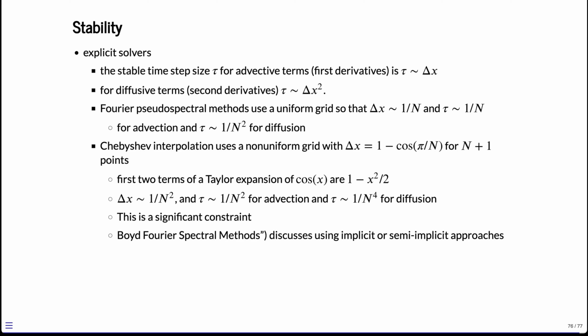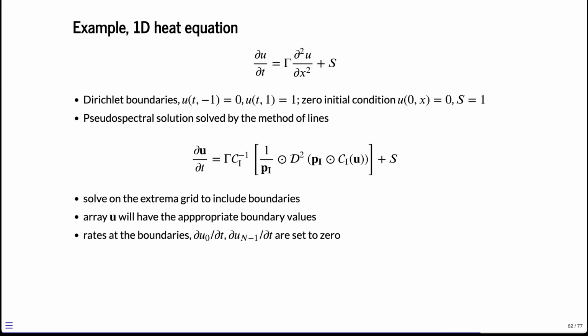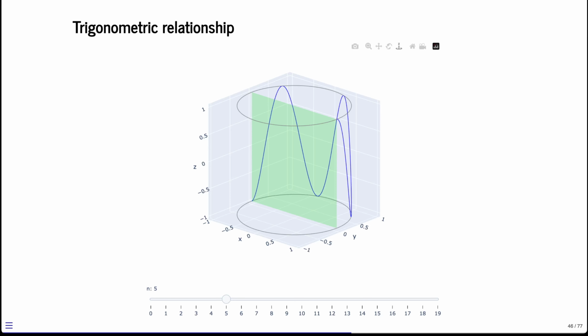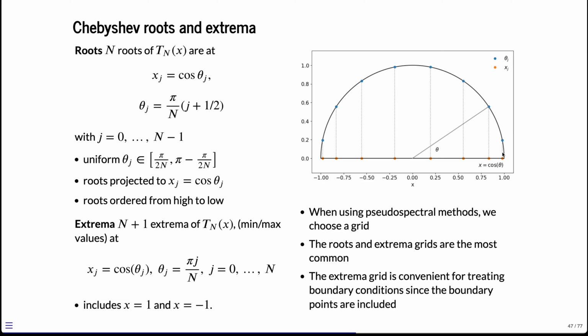Boyd, in his book, Fourier and Chebyshev Spectral Methods, discusses using implicit or semi-implicit approaches to get past this. Again, just to highlight that, let's look up here at our grid. When we project, the idea is when you add points, you get a finer and finer cluster near the boundary. Now, it's possible that the number of points you have due to the grid gives a finer spacing than what is needed to accurately resolve the profiles.